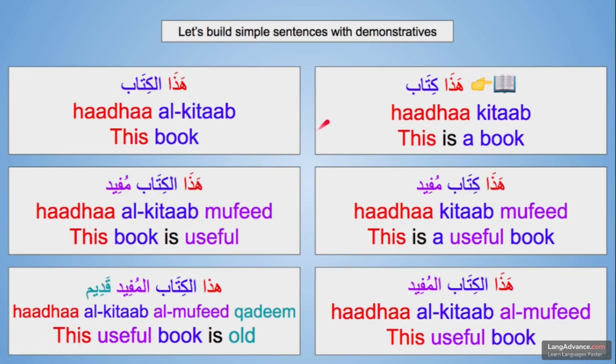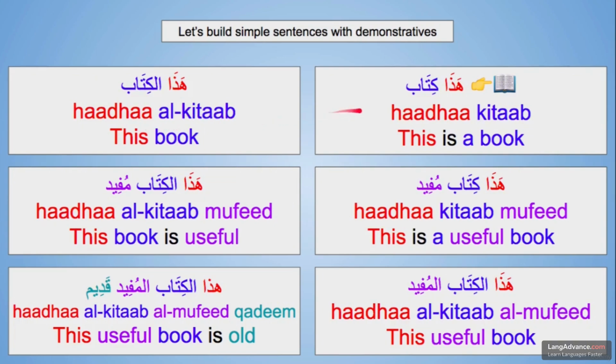And we can have more examples, something like هذا كتاب, this is a book. And then we can notice the difference between definite and indefinite, because when we say هذا كتاب, we're saying this is a book. But when we're saying هذا الكتاب, it means this book.